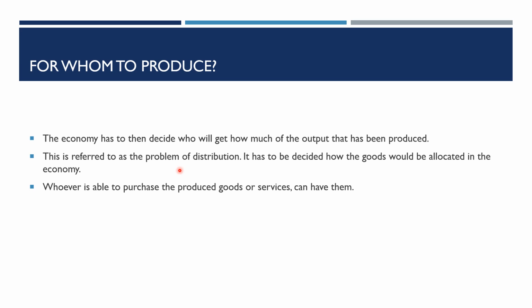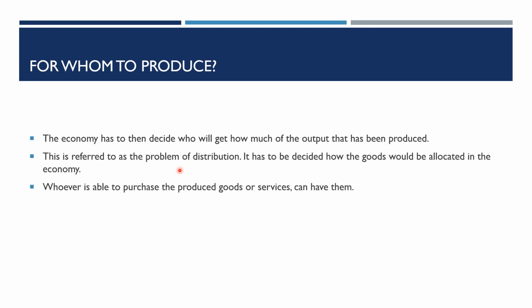Let's say there are luxury items and there are some necessities. People would go to luxury items only after their necessities are fulfilled. So obviously people who are rich would go for luxury items. So the purchasers of luxury items would be people who are rich. So if there's an economy having more rich people who can afford buying luxury items, then in such an economy the production of luxury items will be more than the production of necessities.